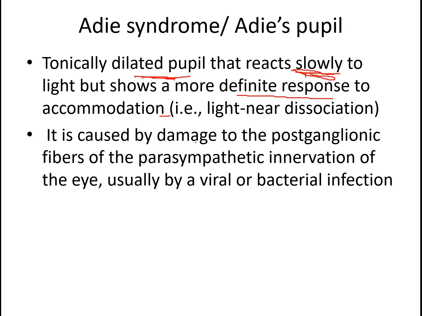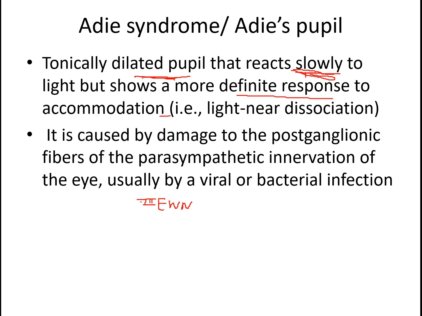Again, this is caused by damage to the postganglionic fibers of the parasympathetic innervation of the eye. Your parasympathetic innervation is nothing but the third oculomotor nerve. The Edinger-Westphal nucleus is what is affected in Adie's pupil. Hope you have understood. In Argyll Robertson pupil, in a resting condition, the pupil is constricted, so when you throw light, there's no further constriction.